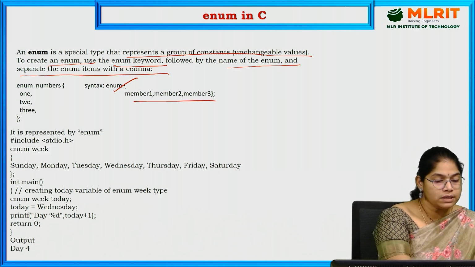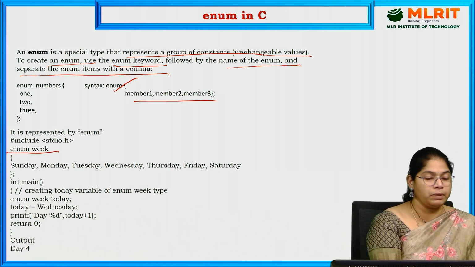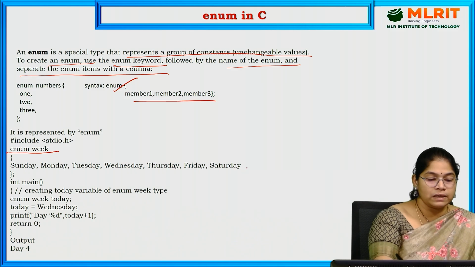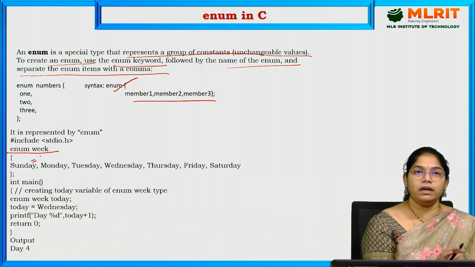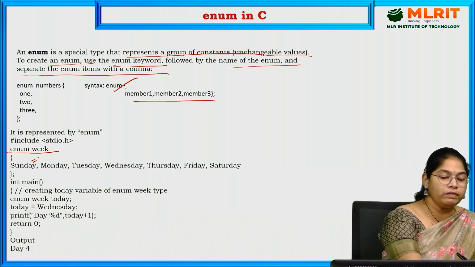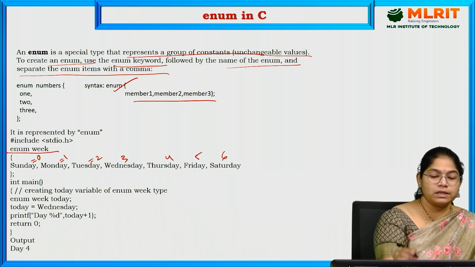Suppose in this example, I created a week which is of enum type. Then Sunday, Monday, Tuesday, I have considered the weekdays. Here I did not assign any integer constant values, so by default, the starting will be considered as 0, 1, 2, 3, 4, 5 and 6.